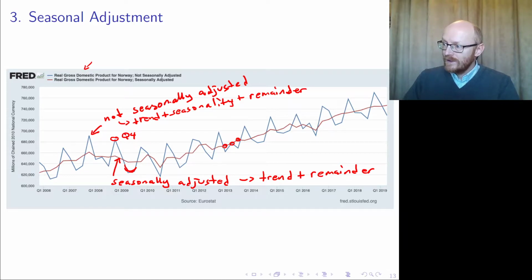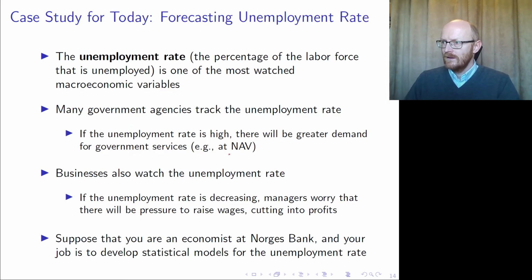And what you see here is that you have an upward sloping pattern, but if you had looked at the non-seasonally adjusted numbers, then you would have had this tiny spike in the data, and you might have thought that well, the GDP is on a downward slope, whereas it's actually on an upward slope. So, the case study for today is for the next video.